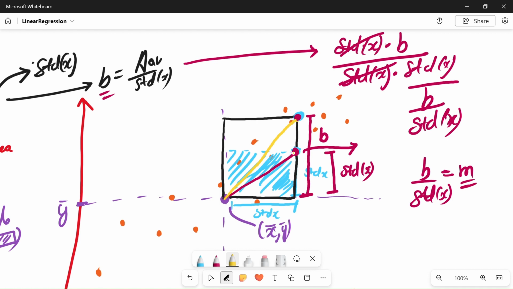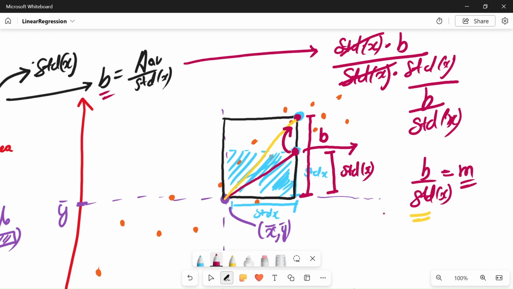So this formula gives you a scale of how much scaling. This formula gives you the magnitude of scale which is needed to scale standard deviation of x to b, right? To scale standard deviation of x to b.